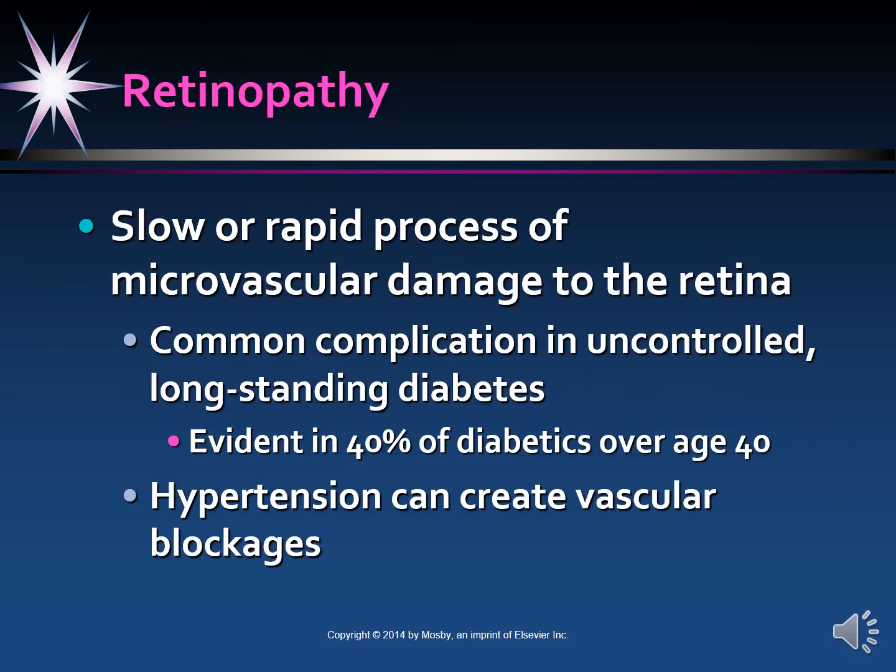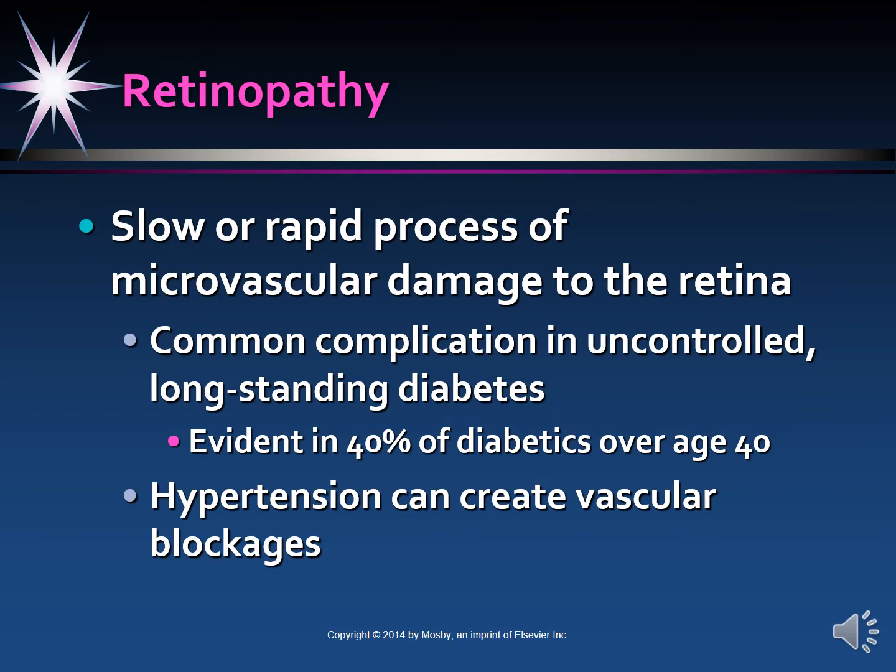So retinopathy, we did talk about this with diabetes and then also hypertension. So diabetic retinopathy and hypertensive retinopathy. It's really due to that microvascular damage to the blood flow to the retina. With the diabetic retinopathy, there's two different kinds.